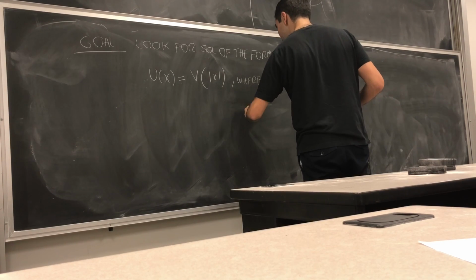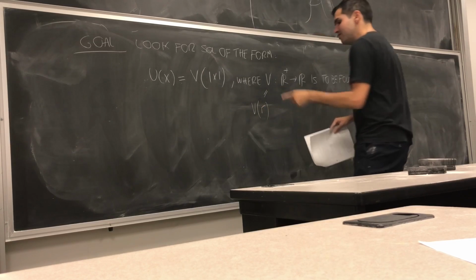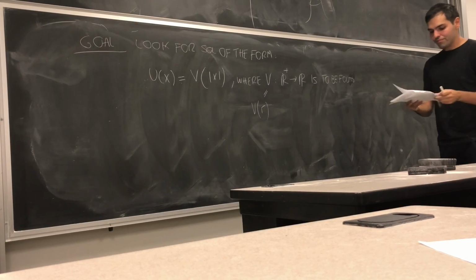And to emphasize that v is a radial function, we write v of r.